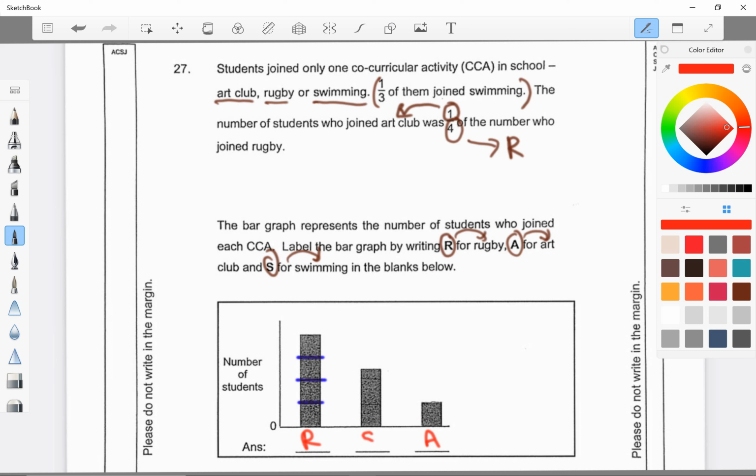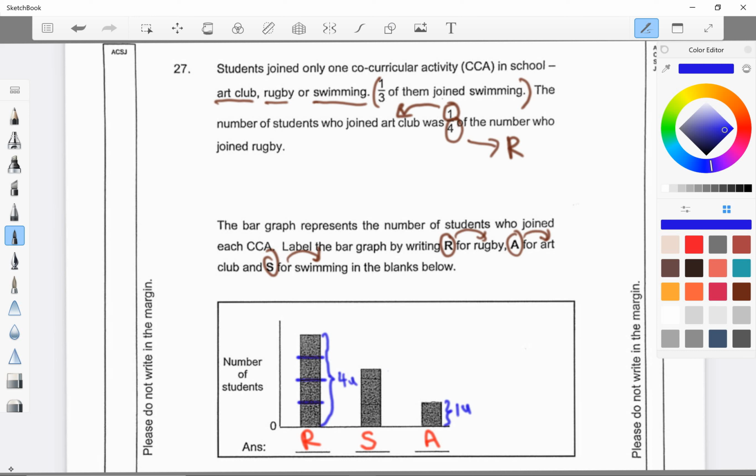And you will realize that if we were to think about it logically, if swimming is actually 1/3, or in this case, if I were to label it properly, if I were to call the art club 1 unit, this means that the rugby has got to be 4 units. Okay, 4 units.